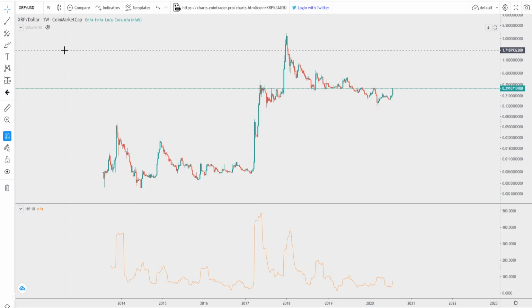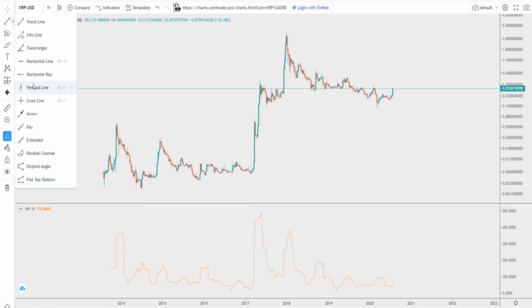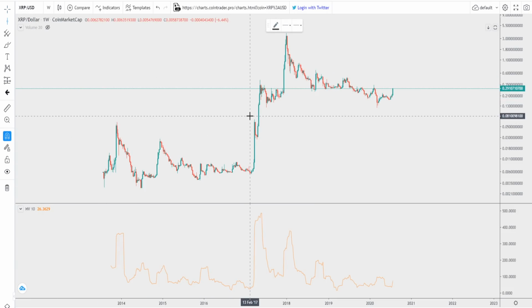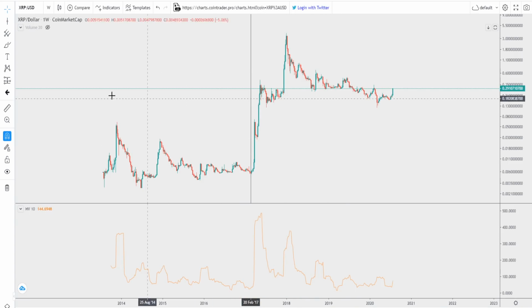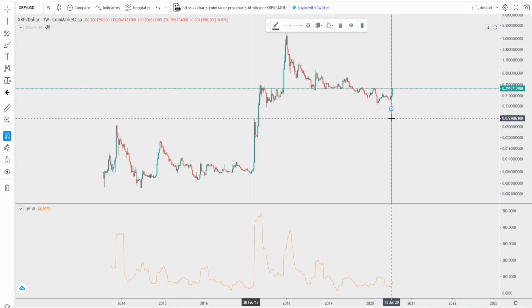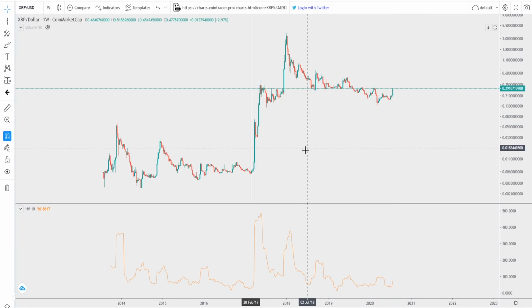Okay, I made a post about this on Twitter, but people don't seem to care about it. Maybe because they don't understand, I don't know. So the thing here, folks, is that we are measuring XRP volatility.